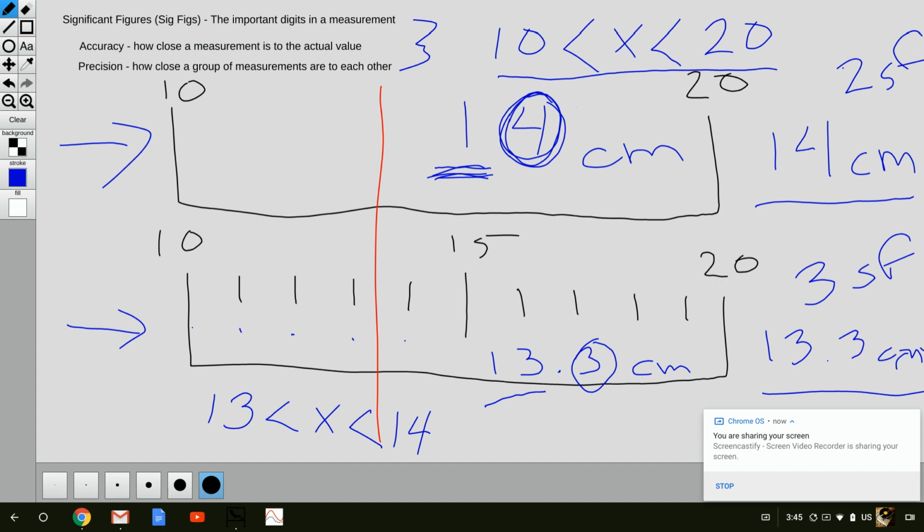So the number of increment marks on a ruler does not determine the accuracy of the ruler. However, a ruler with more marks on it will be more precise. So it is a better ruler, but not because it's more accurate, but because it's more repeatable and therefore more precise. And that is how accuracy, precision, and sig figs all tie together with measurement.